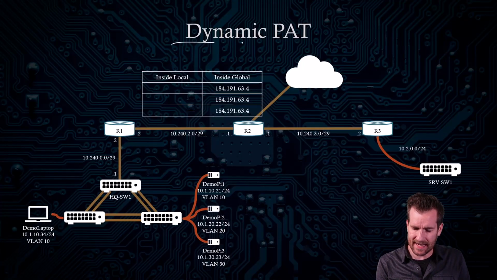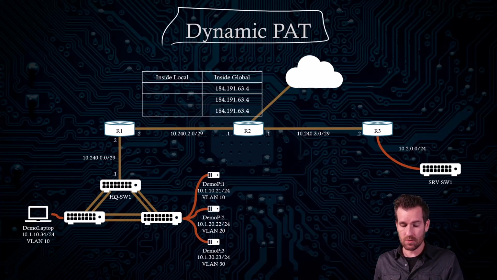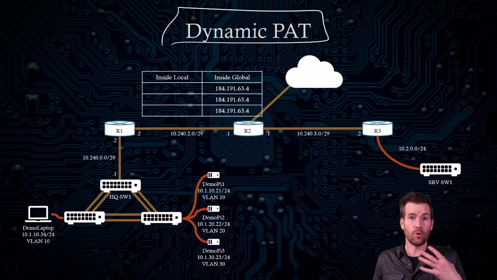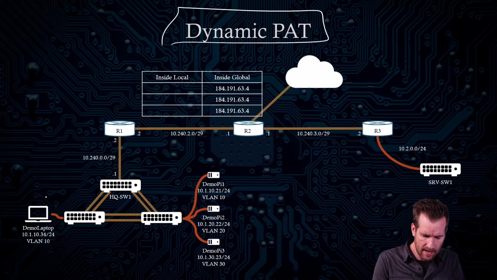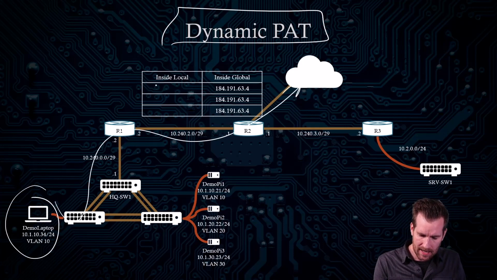Then we have dynamic PAT. Dynamic PAT gets rid of this issue because we can use a single IP address for a lot of these machines. So when this laptop right here reaches out to the outside world, it's not going to take up this whole IP address, but instead it's going to be translated to 10.1.10.34, and then some sort of port, maybe 2514.